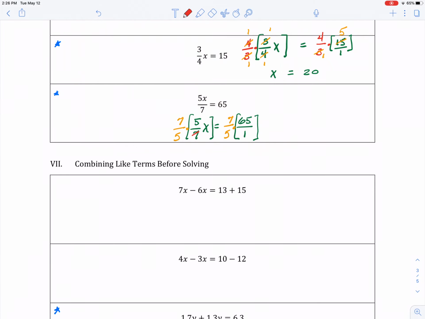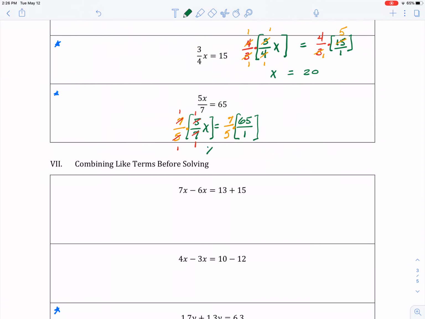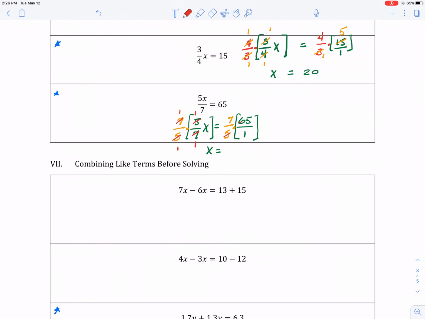So you can see here the reason I'm doing that is so that these numbers will cancel out and give me that positive 1x that I'm looking for. And then over on the right-hand side, I can see that 5 cancels into 65 13 times. And whoops, there's a 1 down here now.